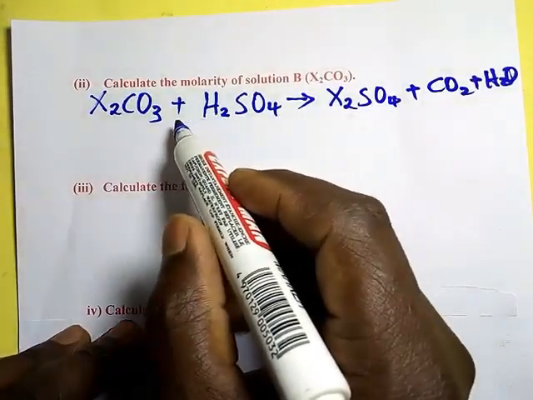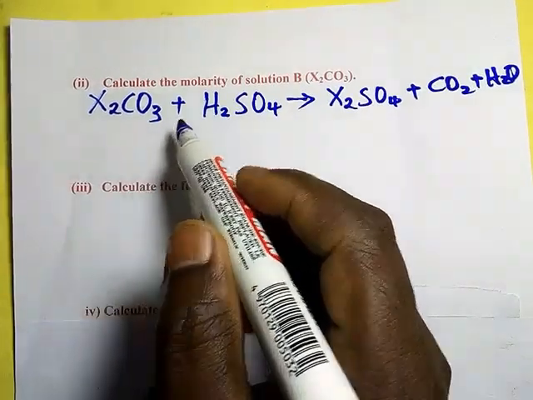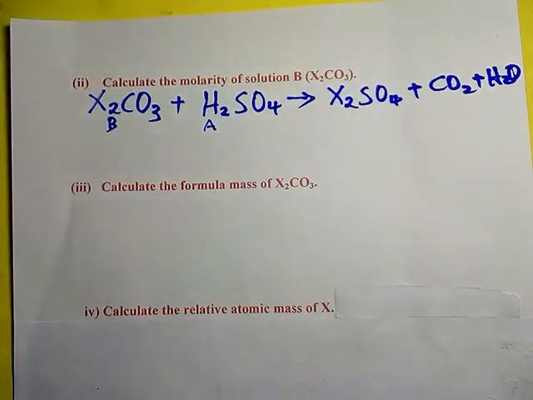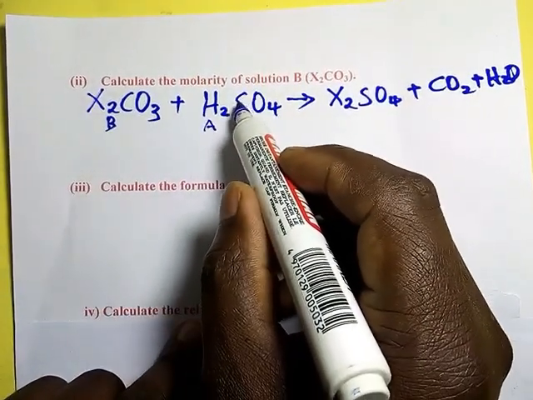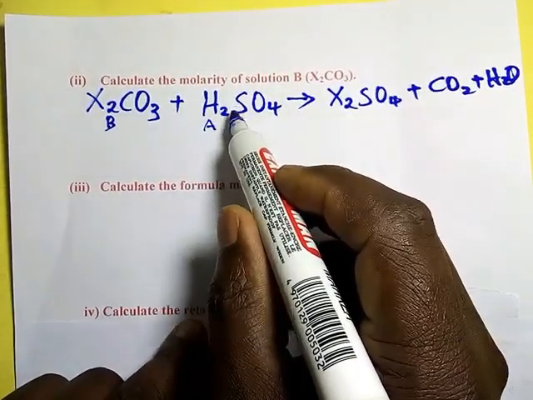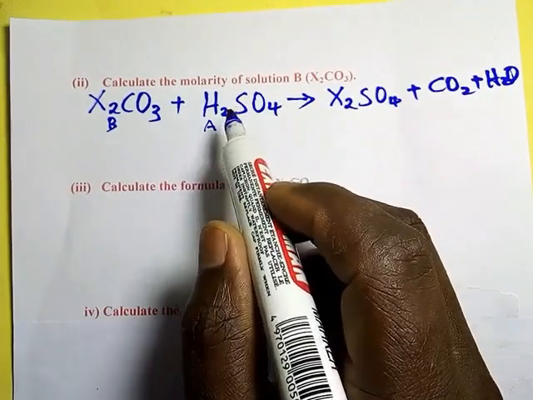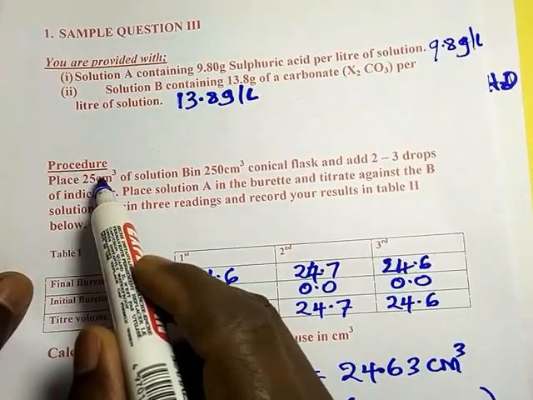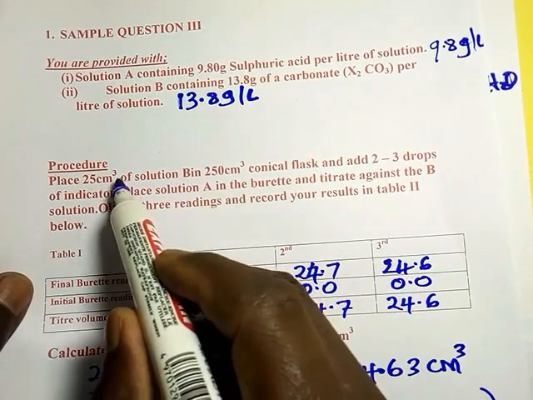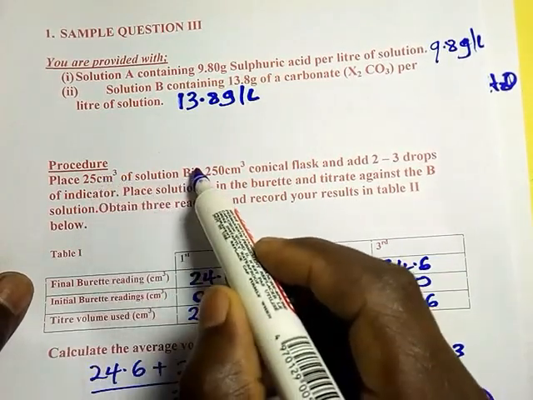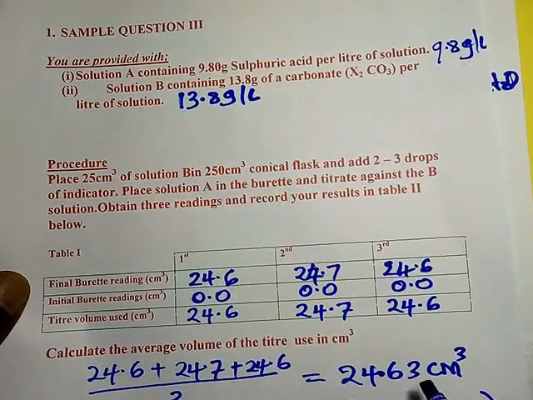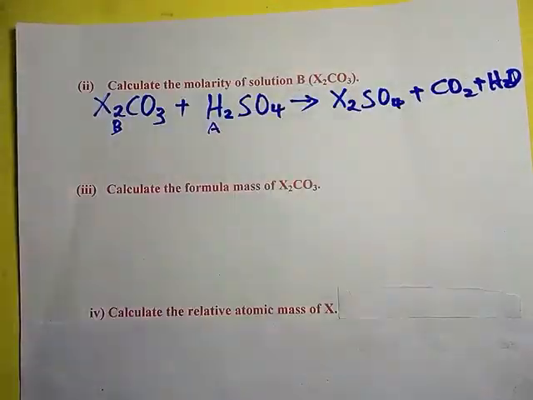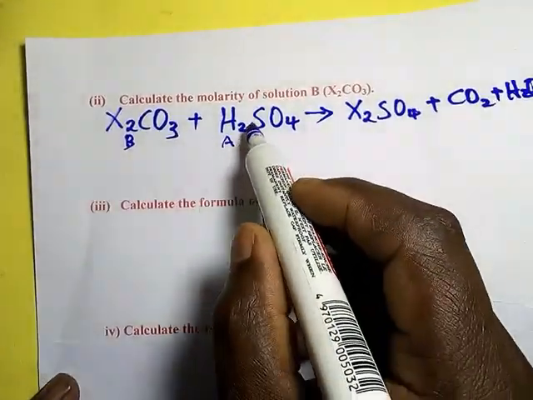Therefore, we know the number of moles. Remember, this one is solution A and this one is solution B. We have the number of moles in 1 liter, but what was the amount of sulfuric acid used? You go back: 25 centimeters cube of solution B reacted with 24.63 of solution A. So let us start from here.